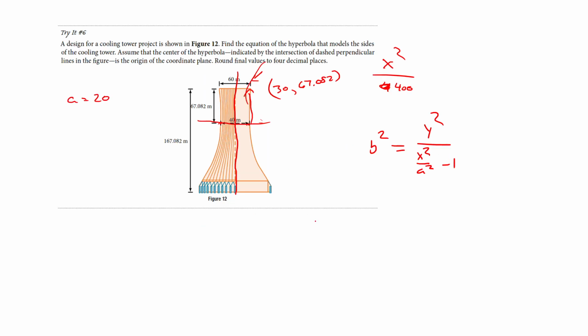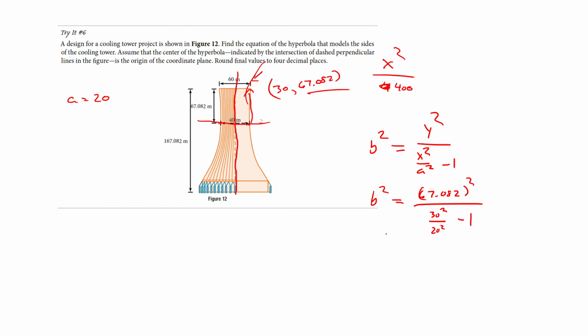Now we're going to put in our pieces. So we're looking for b squared. Our value of y squared is this guy squared, 67.082 squared. And then x squared, so we've got 30 squared being divided by a squared, which was 20 squared, and then all of that minus 1.